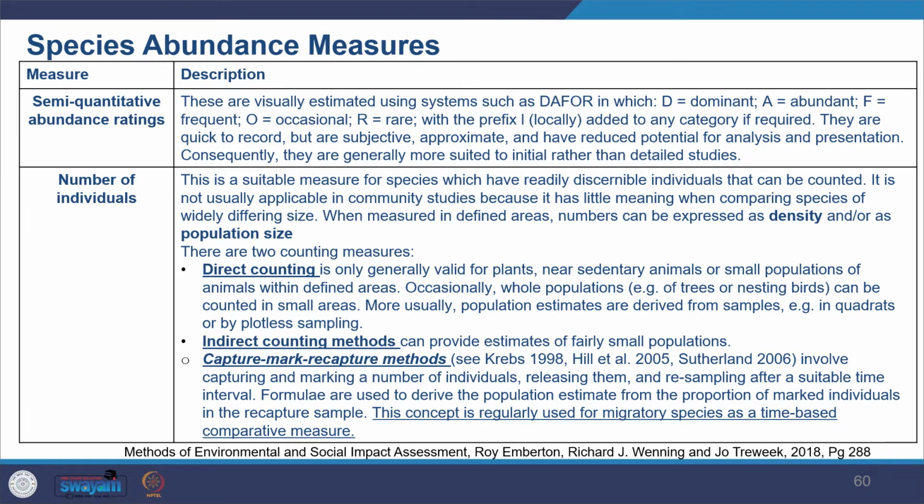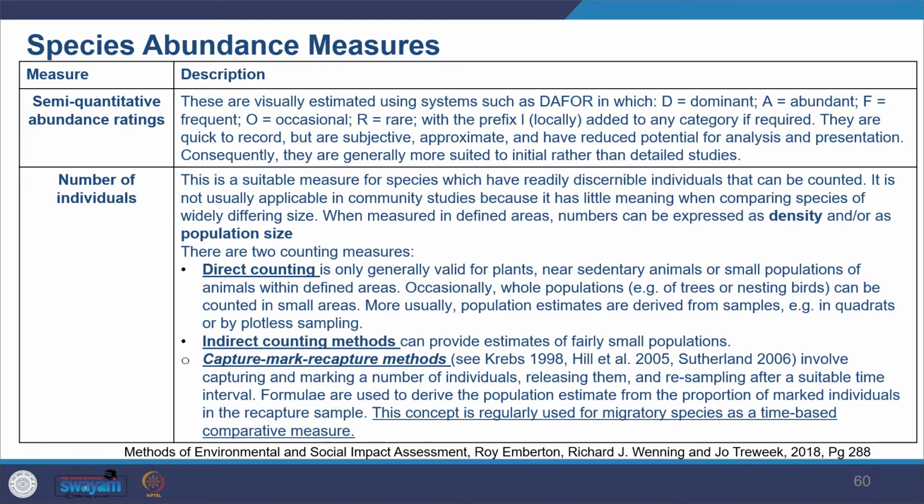And then animals which are not very mobile can also be surveyed by direct counting. Other small populations of animals within defined areas can be surveyed using the direct counting method.